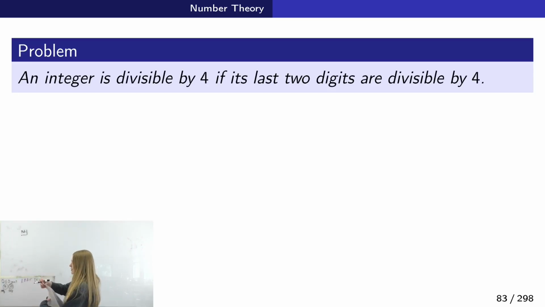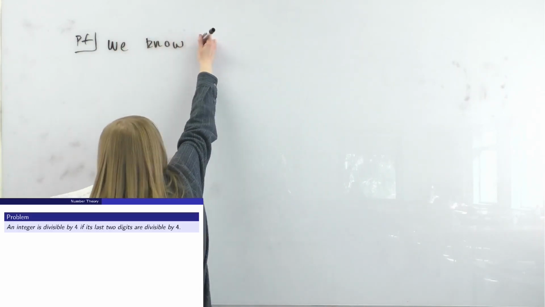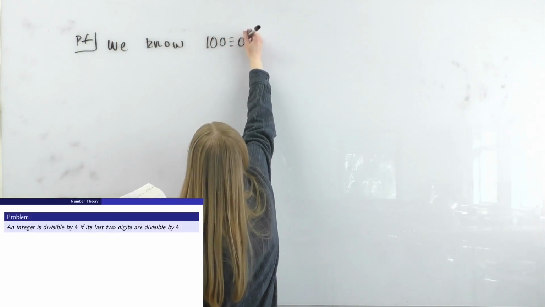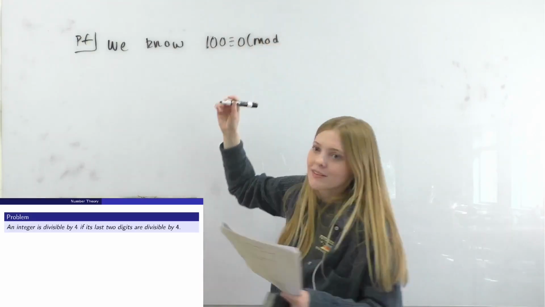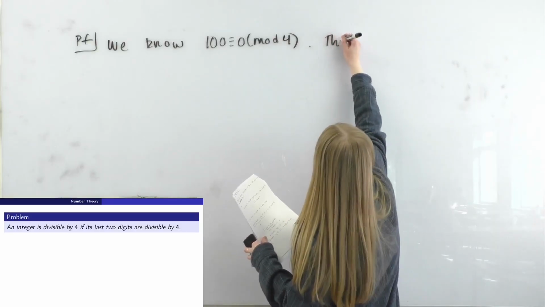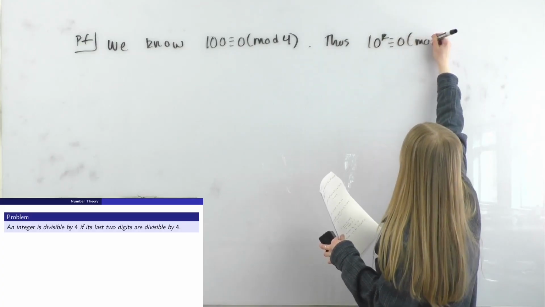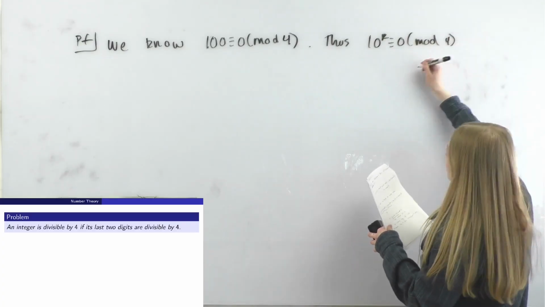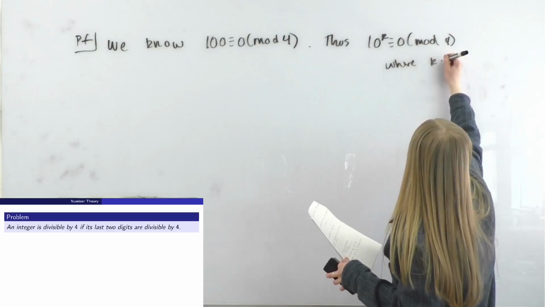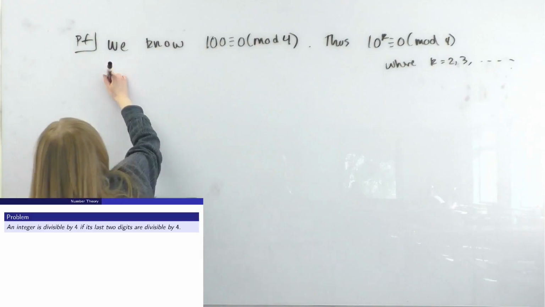Four. Okay. So a number is divisible by 4 if its last 2 digits are divisible by 4. So we know that 100 is congruent to 0 mod 4. Great. Thus, 10 to the k is congruent to 0 mod 4, where k is equal to 2, 3, dot, dot, dot.